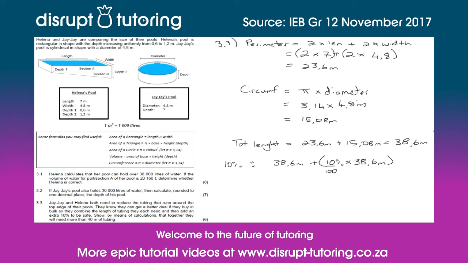So we know that this needs to equal 38,6 meters plus your 10%, which is basically 1 over 10 times 38.6 meters.